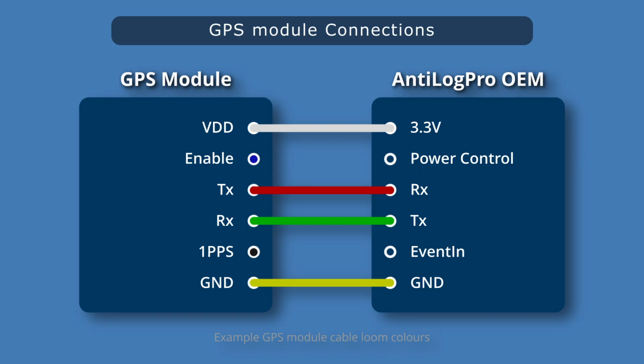For AntiLogPro units, you can connect the power enable pin on the module to the power control pin on the data logger. If your data logger supports it, you can also connect up and timestamp the edge of the 1 pulse per second signal output from the GPS module as an exact timing reference.